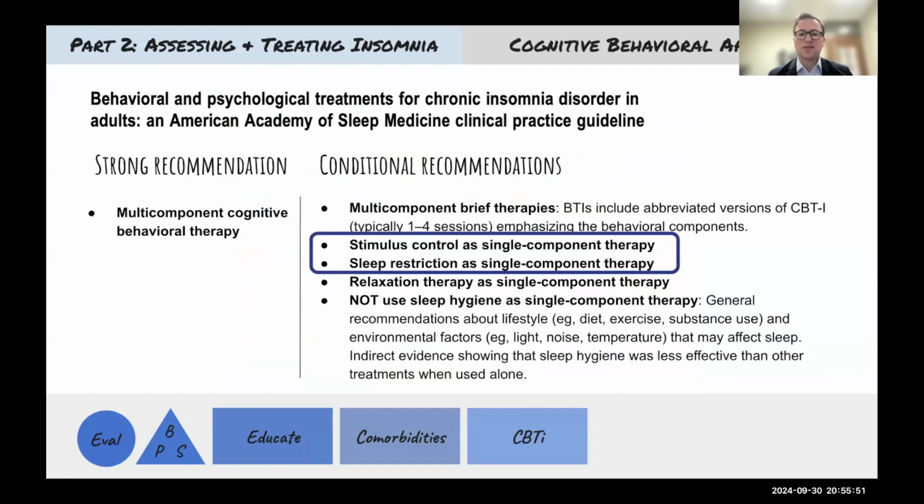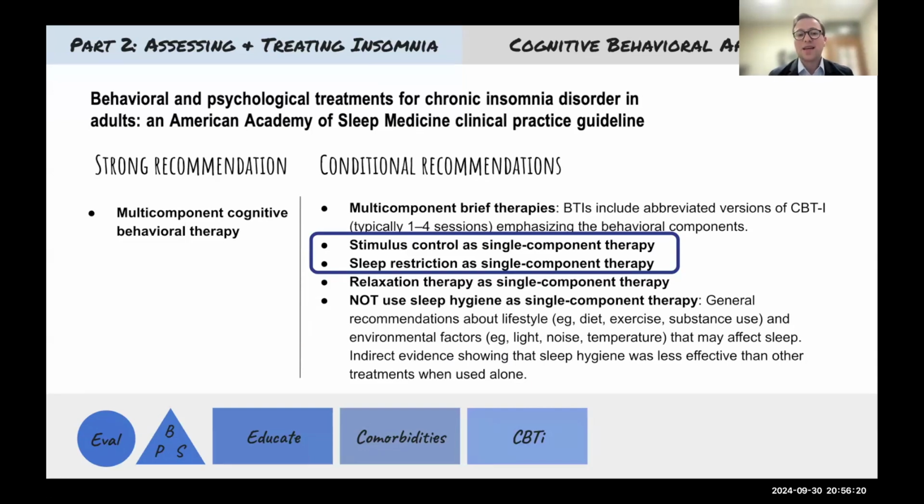When we think about these 2 approaches, stimulus control is an approach where we want to reassociate the bed with sleep and sleep alone and reduce the association between the bed and wakefulness. So reassociate the bed with sleep. And sleep restriction is basically mapping our sleep need with our sleep opportunity versus various skills.